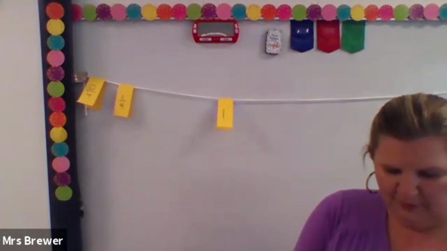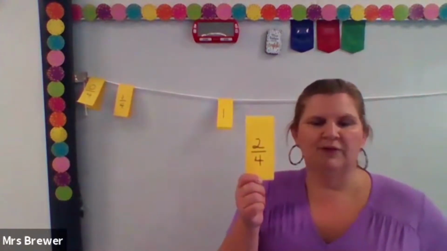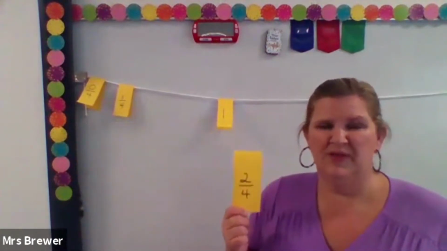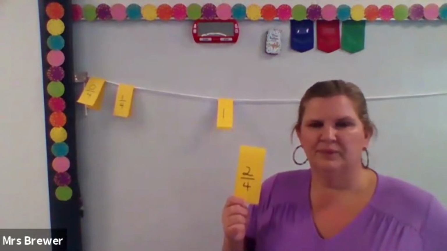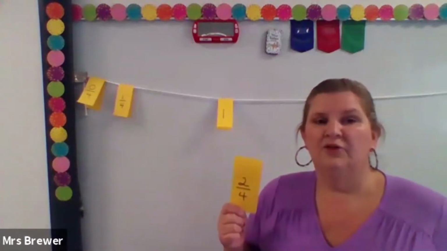Okay, so my next number I have is 2/4. Where do you think 2/4 is going to go? Should it go this way? Is it bigger than 1? Let's start with that. Give me a thumbs up if you say yes, thumbs down if you say no. You're right, it is not.